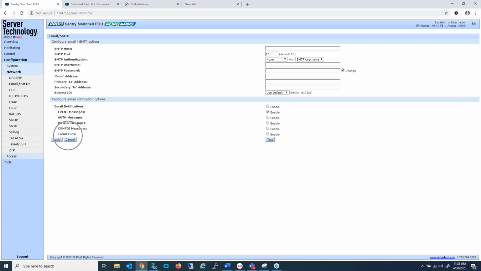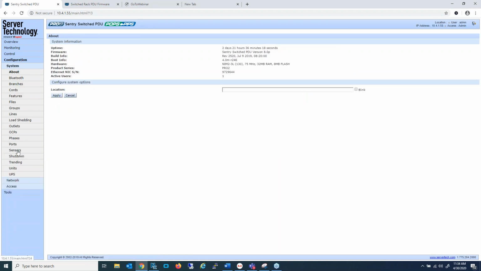And this option here, trend files, serves two purposes. One is that it will start writing some CSV files that you can get from the PDU that have trend data. And the other is that it enables, oh, actually, that one's disabled. I thought that was it, that you had to enable that option, and that brought up the trend screen. And configurations, trending.